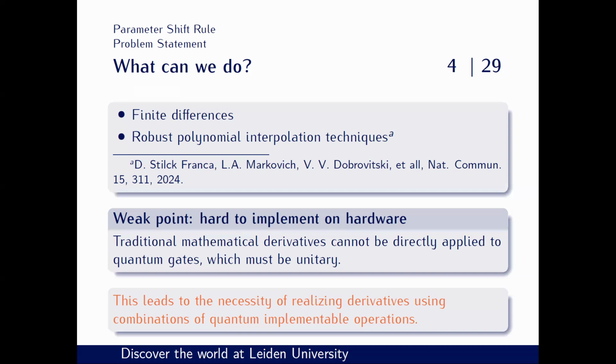Second, you cannot create any gate set that will give you the derivative itself. So you always need to do a lot of measurement shots and then interpolate your derivative somehow from them. So again, what we want to create is a rule for calculating the derivative exactly using the results of the measurements of your quantum circuit.